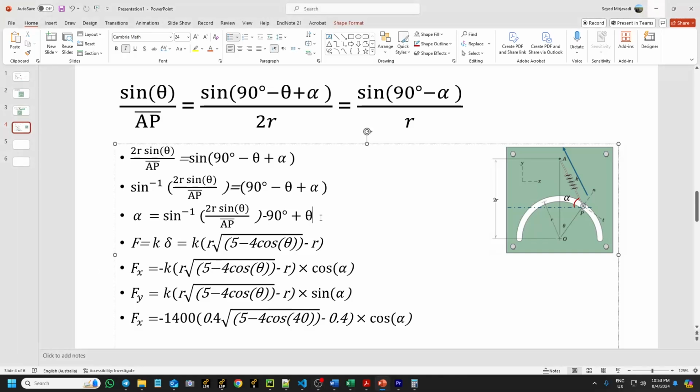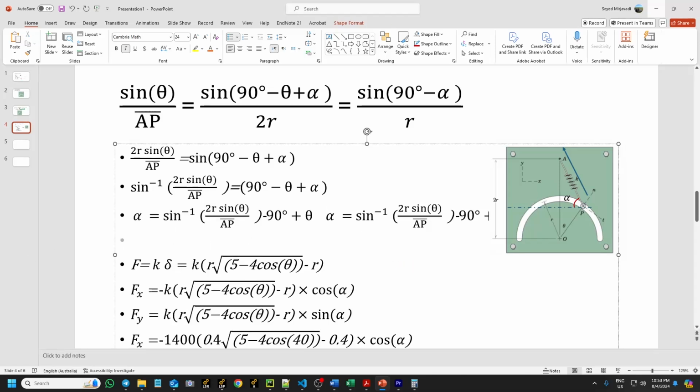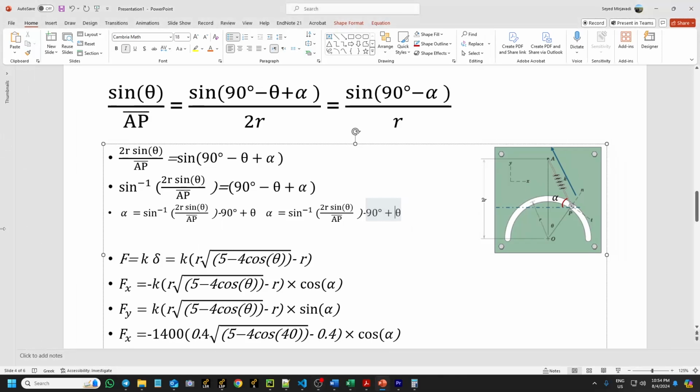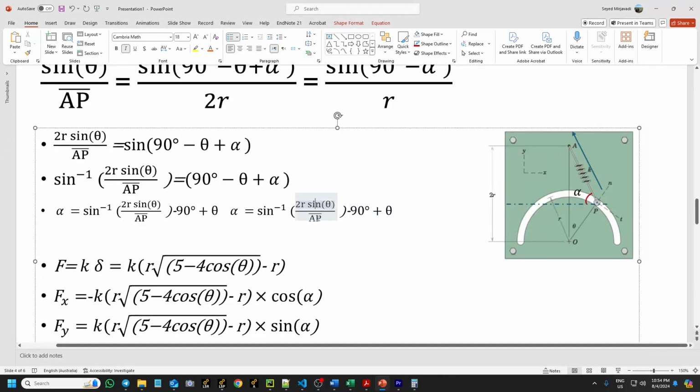And we will copy this. Okay, for obtaining alpha, we need to use this formula. So I will copy this again here. This is 0.557. This is 40 degrees. And 2 times 0.4 is 0.8, but I will just keep it as it is, and this is also 40 degrees.